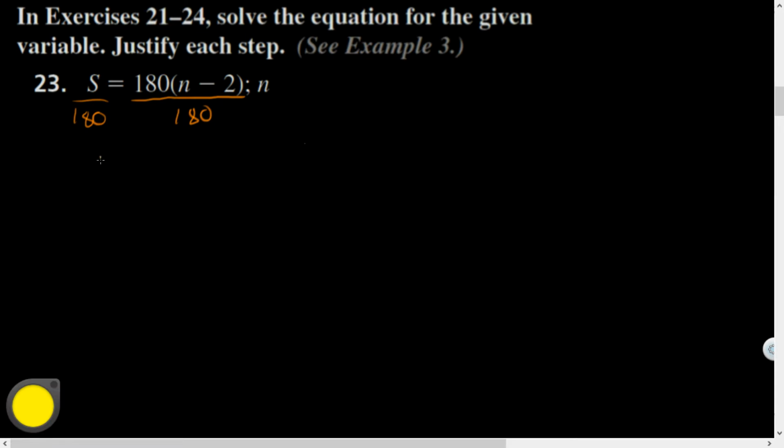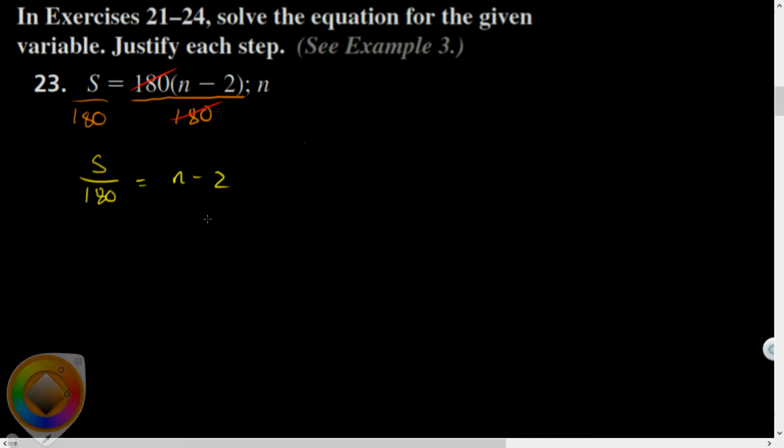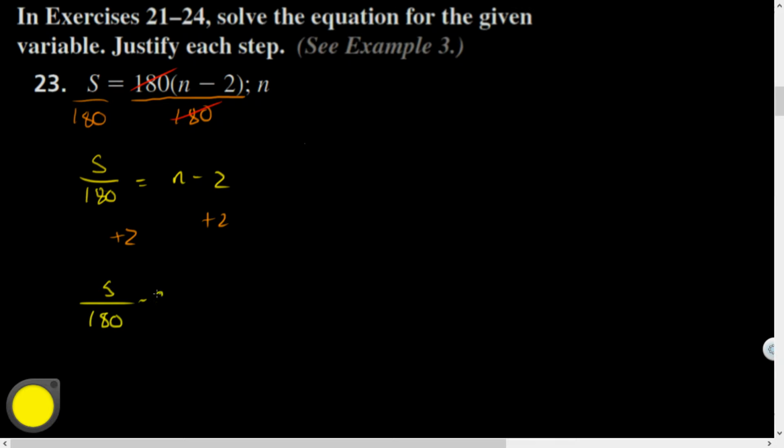So I get capital S over 180 is equal to what is that equal to? Yeah, n minus 2. And then I would just add 2 to both sides. And so I'm going to write this as S over 180 plus 2.